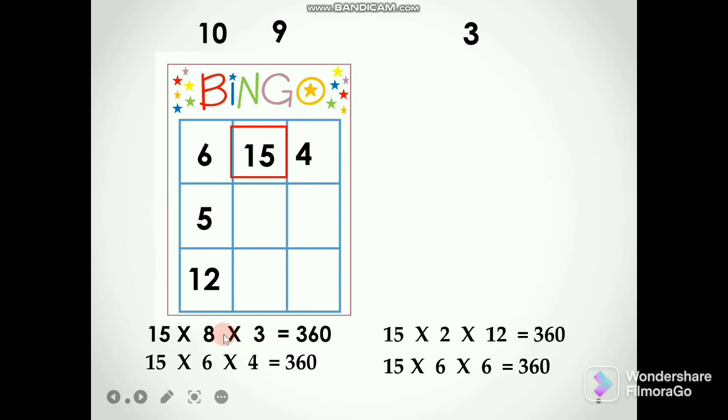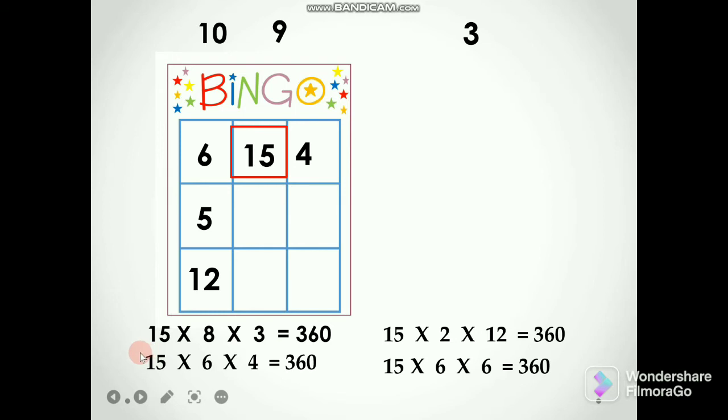Since 8 is not our given number, but we only have one spot for our missing numbers, we can also assume that 8 is one of the missing numbers. And we have 3 for our choices, and 3 is not yet in our cards.